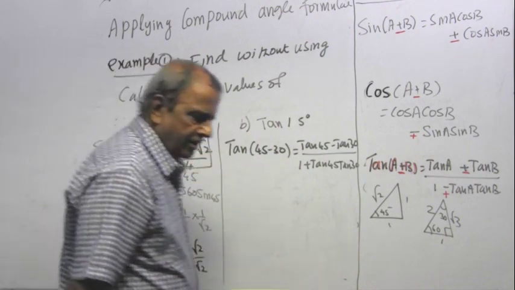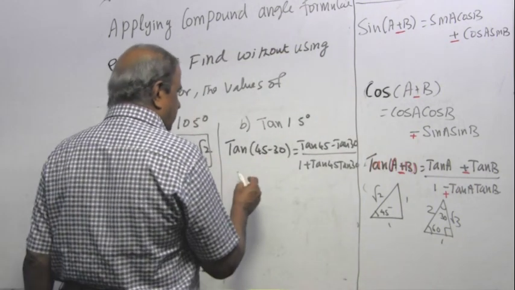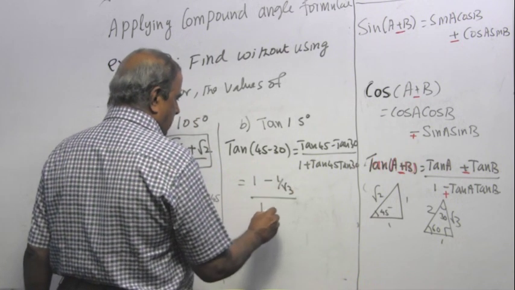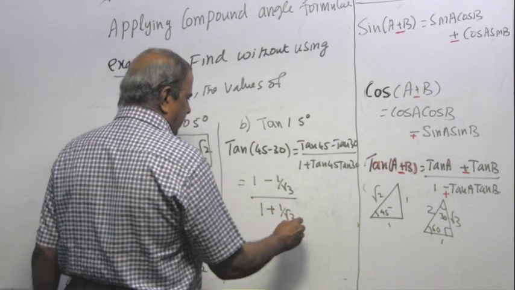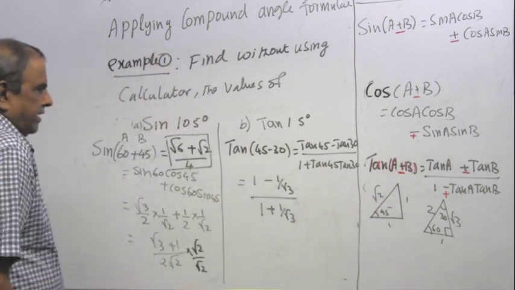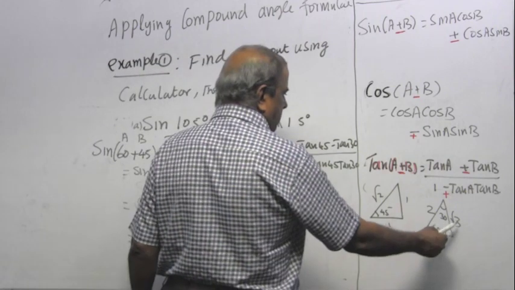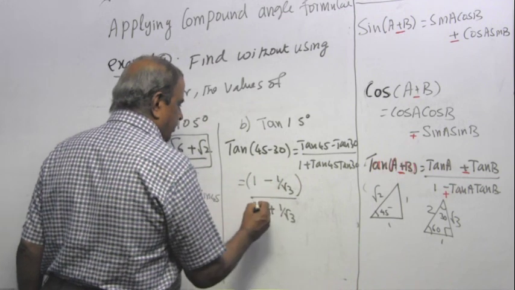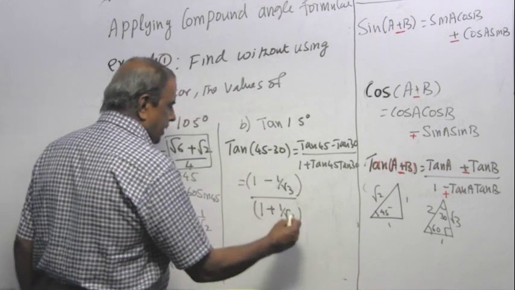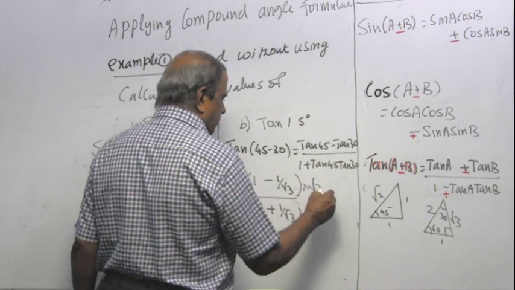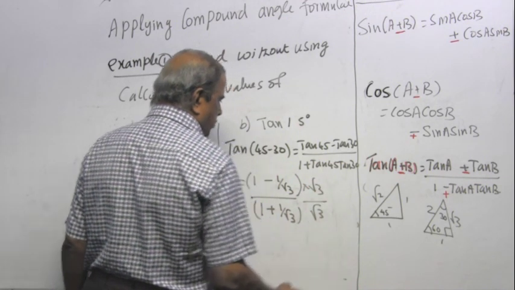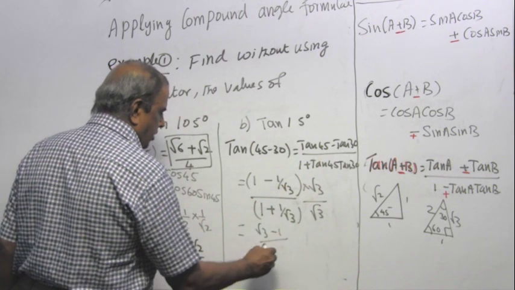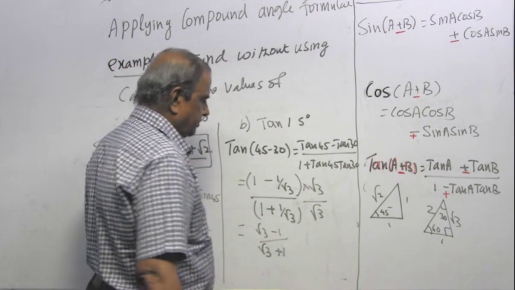So that will be 1 minus 1 over root 3 divided by 1 plus 1 over root 3, because tan 30 is opposite 1, adjacent root 3. Instead of taking the LCM, the common denominator is root 3, so multiply by root 3 and divide by root 3. So I get root 3 minus 1 over root 3 plus 1.